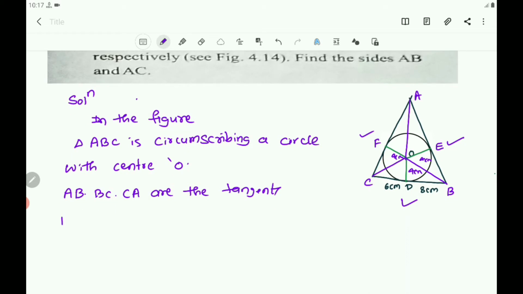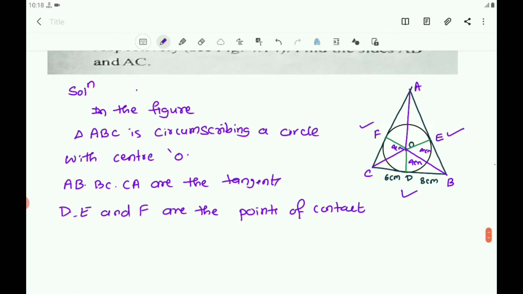You take D, E and F as the points of contact. Here we joined OF, OE, OD, which are the radii at the point of contact, and OA, OB and OC are also joined. That is done by us.